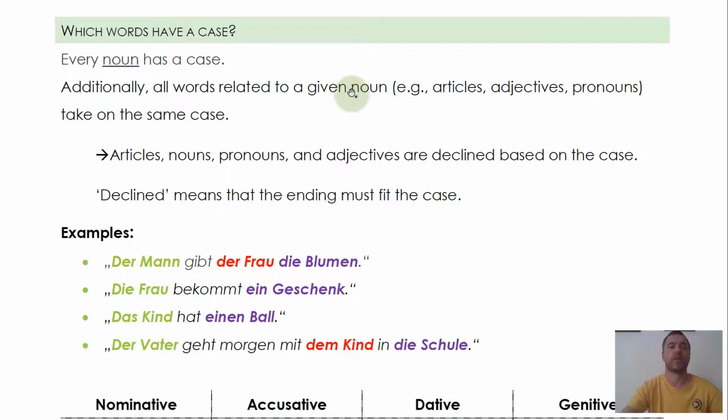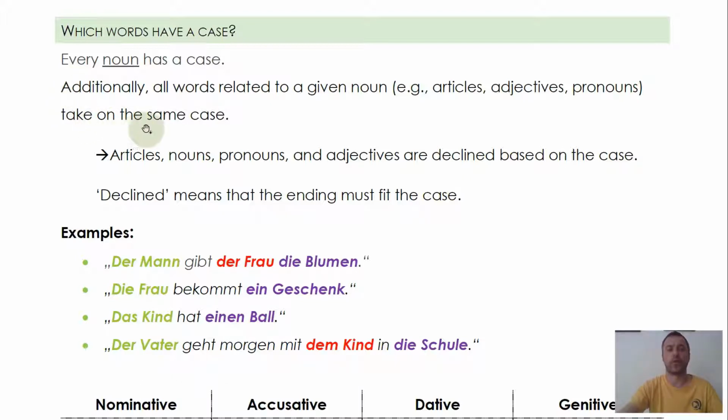So let's have a look at which words actually get a case. So every noun has a case. Nouns are everything that you can touch, like house, mouse, bed. Everything you can touch is a noun, but also abstract things like the sky, light. If you don't know what a noun is, I've published a video for this.